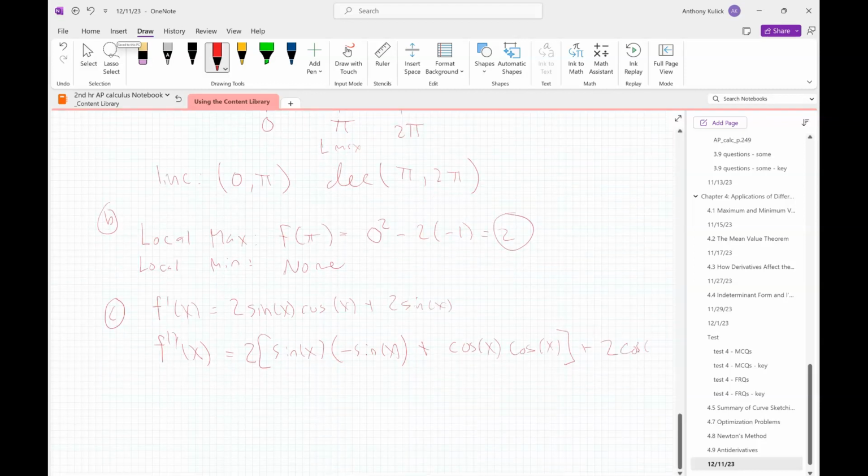Oops, cosine x. So when I FOIL this out, I have -2 sine squared x plus 2 cosine squared x plus 2 cosine x.